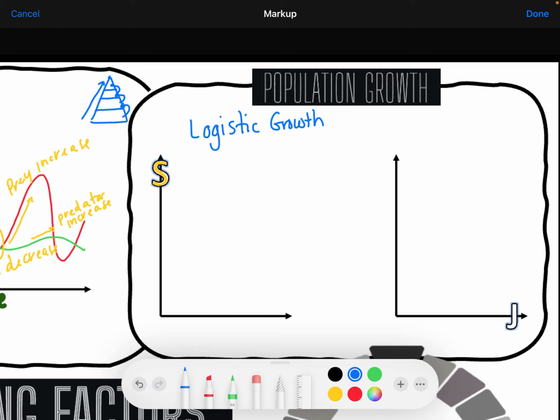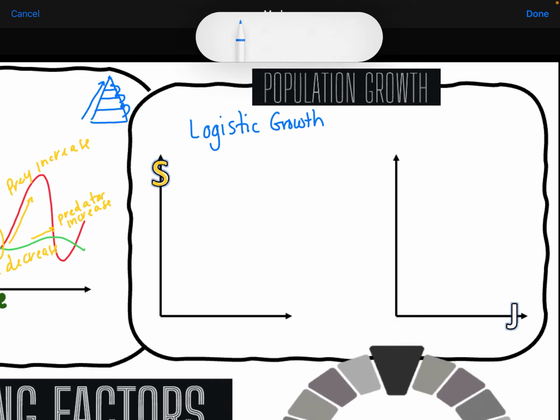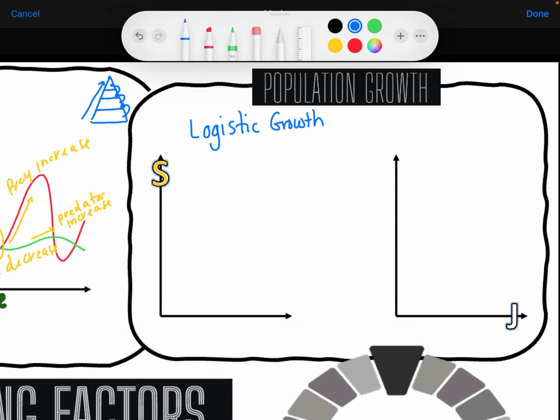Okay, so think of population growth curves as a story about what's happened to a population. So in my population, it's going to go like this and have initially slow growth over time. But then things rapidly increase, kind of like my prey population. And then we reach a certain point where it's too much.